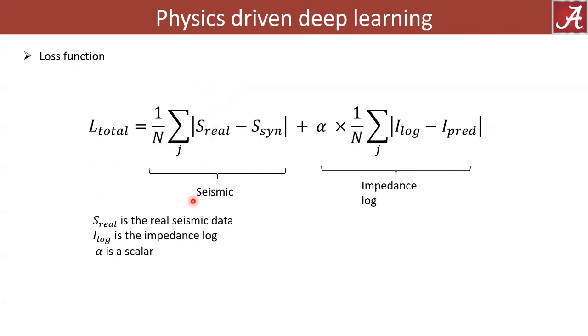The first one minimizes the difference between the seismic data and synthetic data. The second one, if we have well logs, minimizes the difference between the predicted impedance and the impedance calculated using well logs. Alpha is a weighting scalar that balances the impedance log and the seismic data terms.